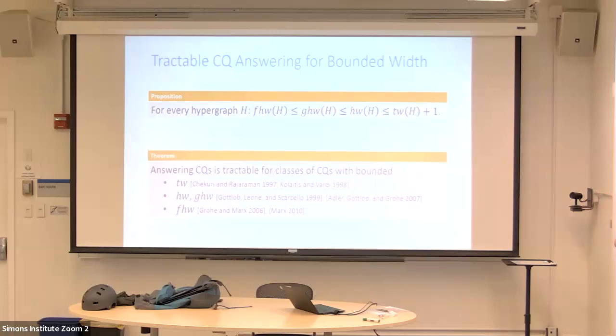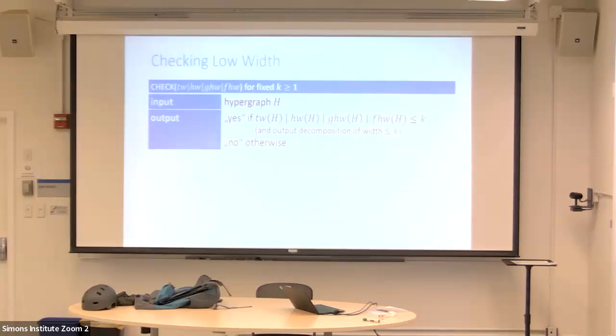After what I've said so far, the results are not entirely trivial, because what I've said so far assumes that you have a decomposition of the desired width. But this naturally leads to the next question: how efficiently can we find a decomposition of the desired width?